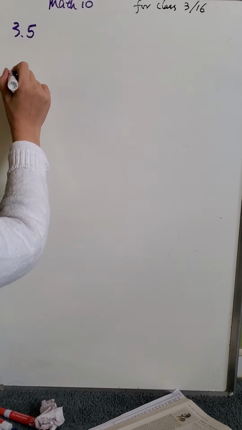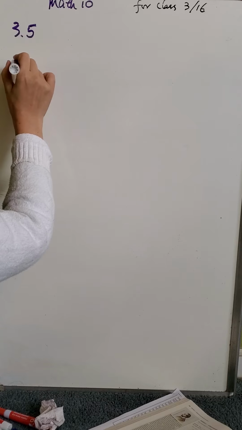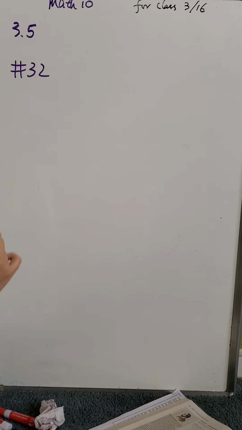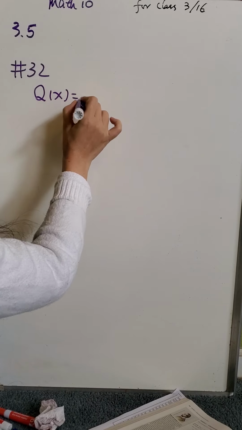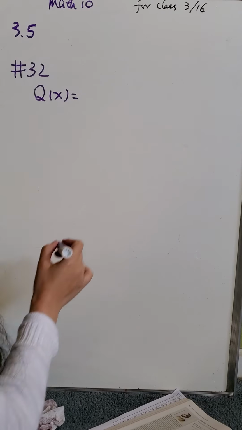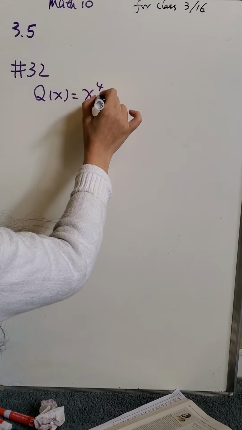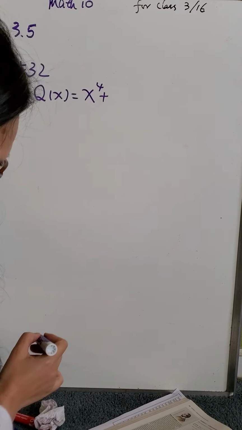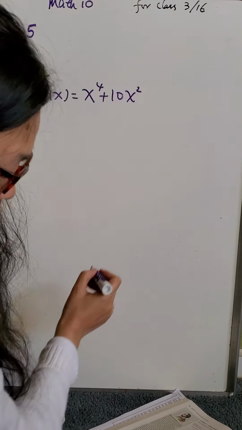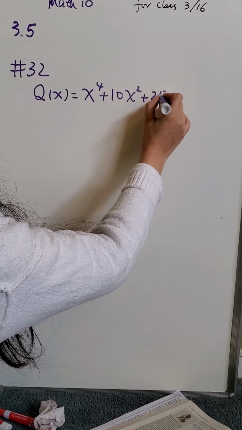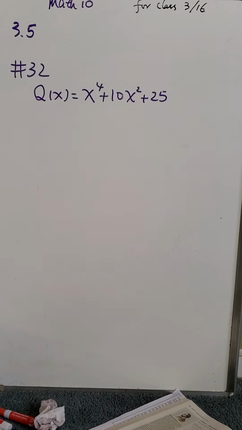Number 32. We have x cubed equal to x to the 4th plus 10x squared plus 25. And we do the same thing.